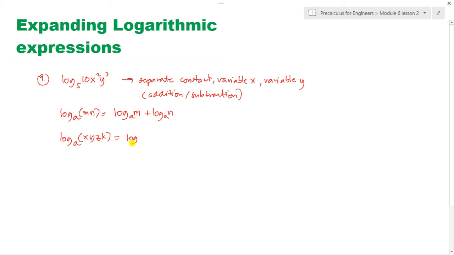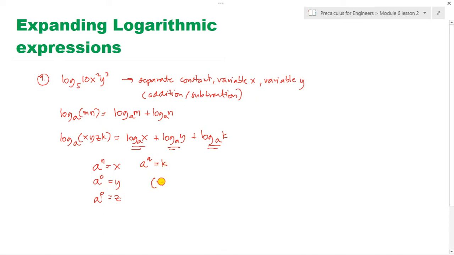That is the log of x to the base a plus the log of y to the base a plus the log of k to the base a. Simply add their exponents. Why? It is easy to see from the principle: a raised to n is for x, a raised to o is for y, a raised to p is equal to z, and a raised to q is equal to k.